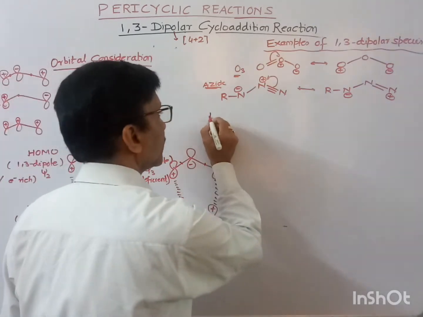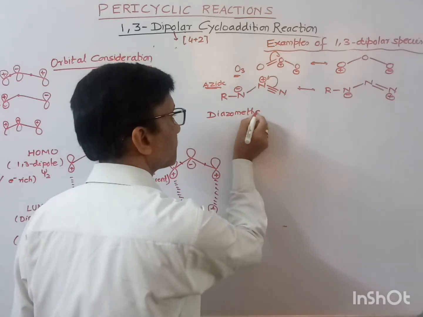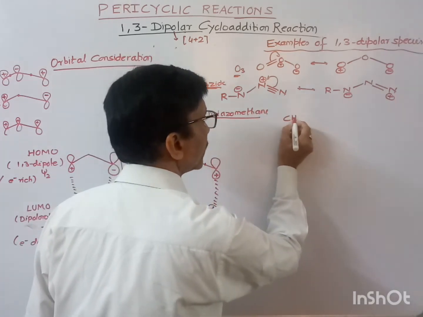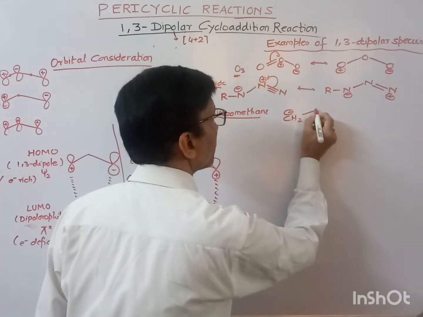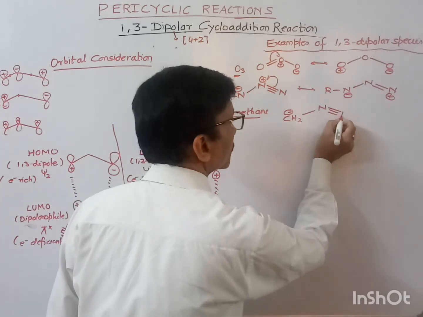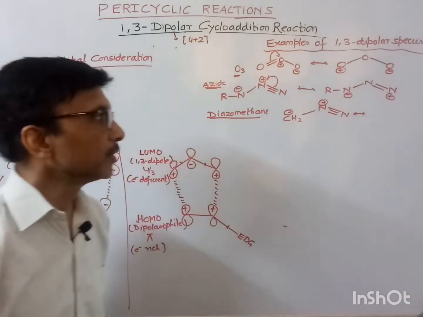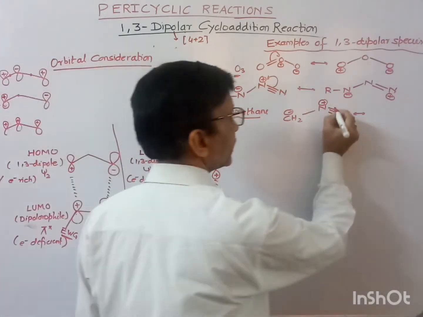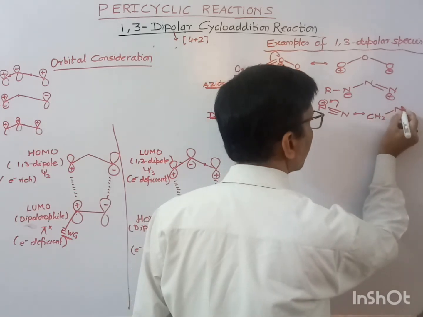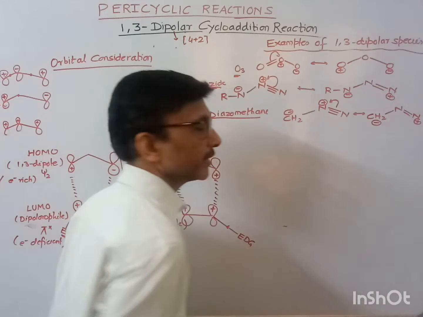Or diazomethane. So this is our diazomethane, and it may be written as a 1,3 dipolar species, positive over here, negative over here.